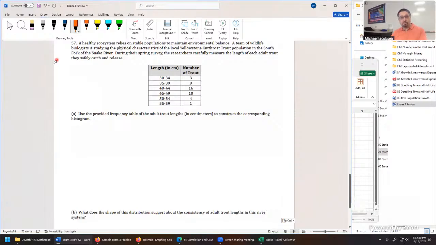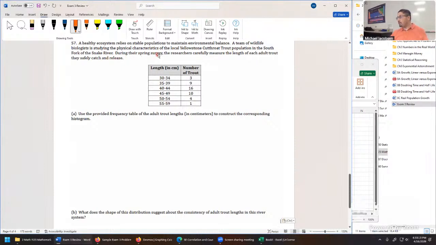This one says, to start off reading through the context, a healthy ecosystem relies on stable populations to maintain environmental balance. And we're told that a team of wildlife biologists is studying the physical characteristics of the local Yellowstone cutthroat trout population in the South Fork of the Snake River.